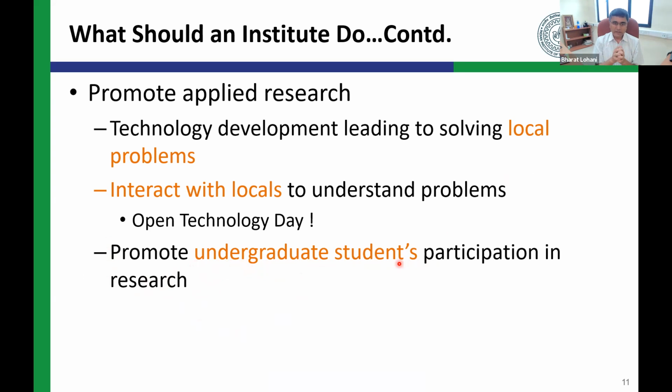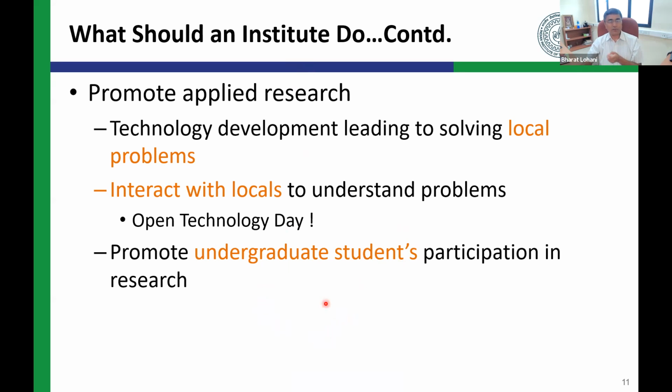That's the time when they are quite innovative, when they don't carry any baggage with them and don't have any inertia. So they have very fresh ideas. Institutes should promote involving them in some kind of research.